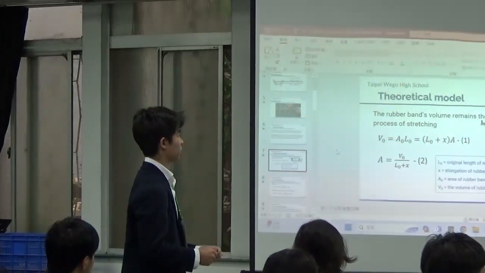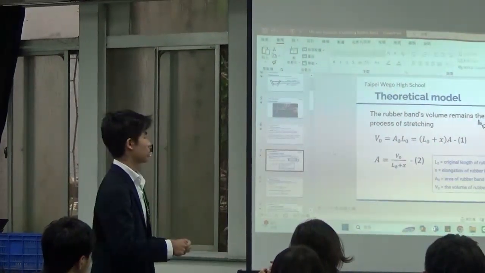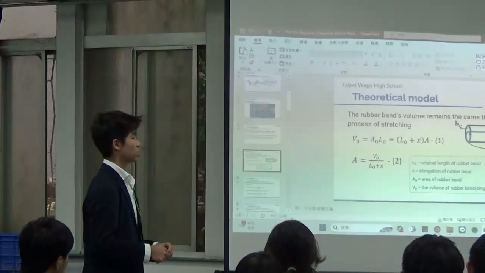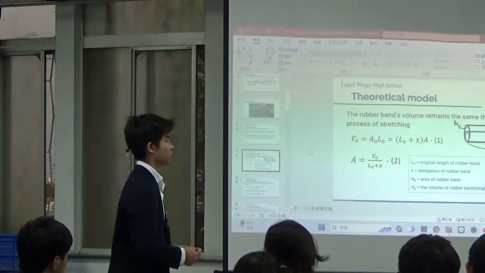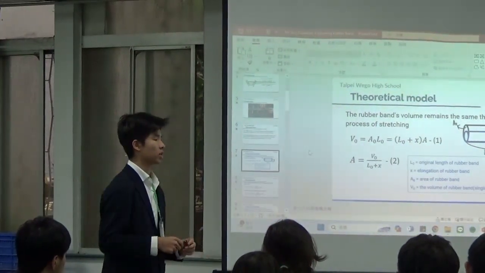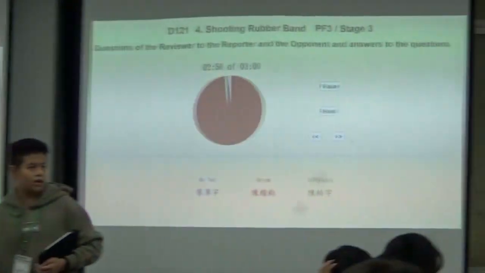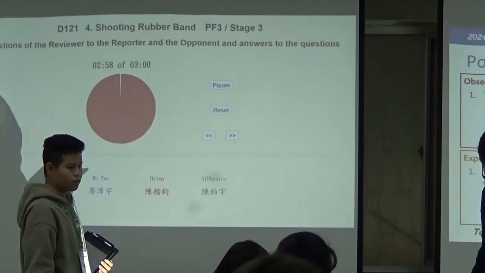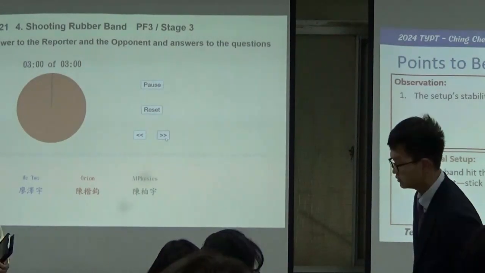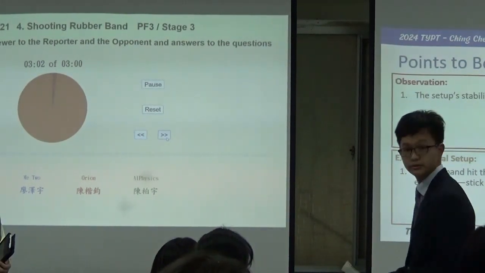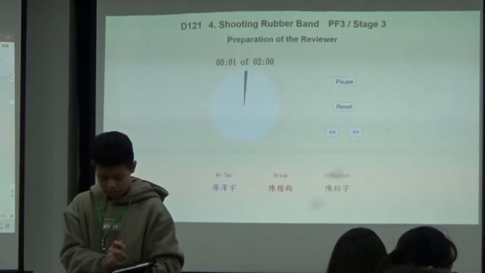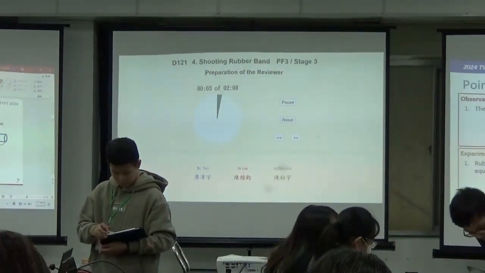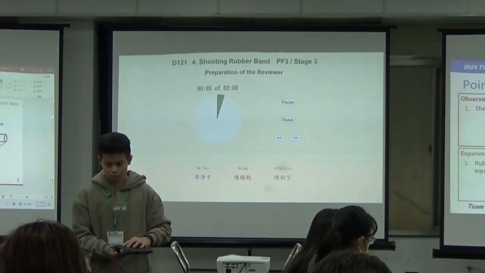I think I did not mention that it is stable, but a non-uniformly stretched rubber band can cause a farther distance. Okay, time's up. So the reviewer has 2 minutes for preparation.